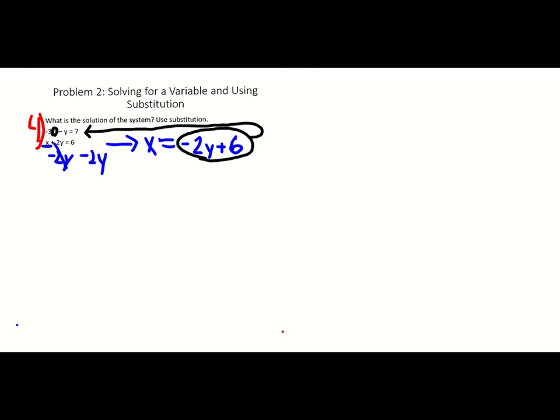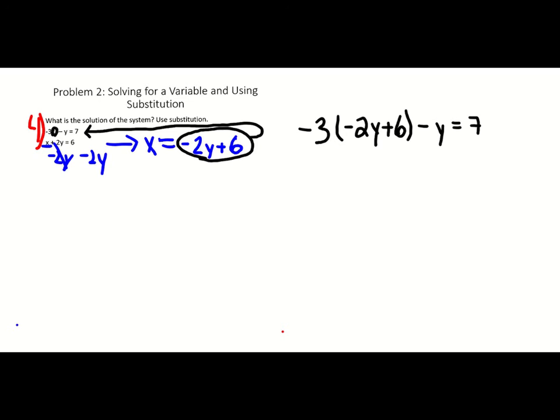So the negative 3 is still there, the minus y equals 7 is still there. What I'm going to do is take that first equation and copy everything except for where I circled. The x gets replaced with the negative 2y plus 6 from the other equation. Minus y equals 7, that's still there.